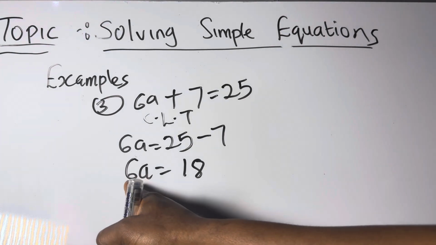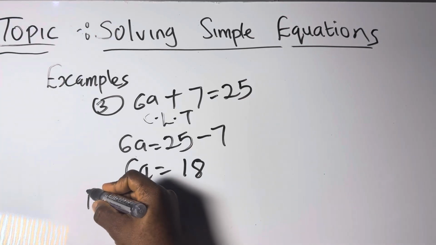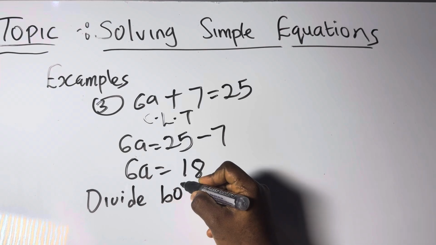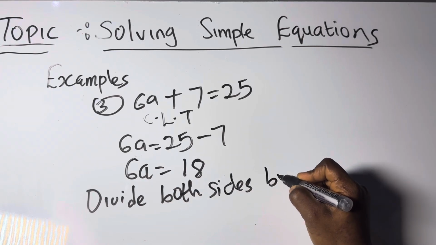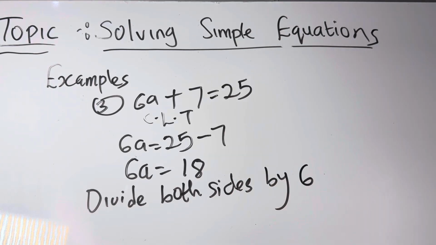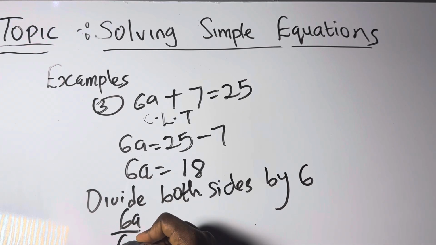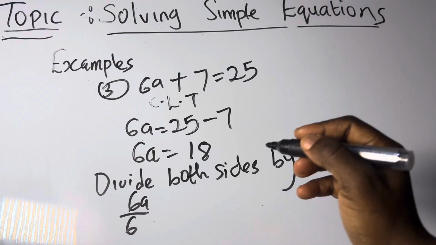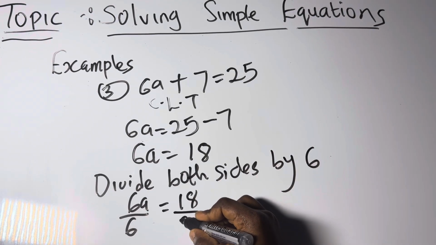Now, for us to get the a, I'm going to divide both sides by 6. So 6a divided by 6 equals 18 divided by 6.